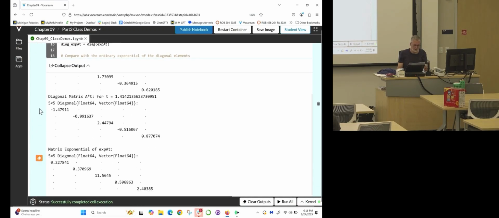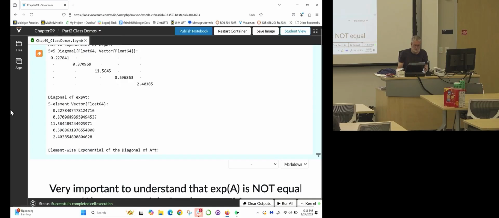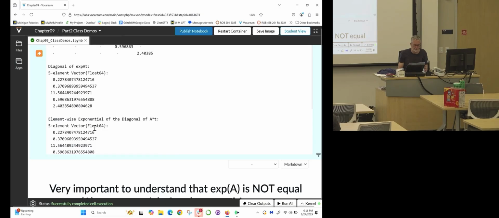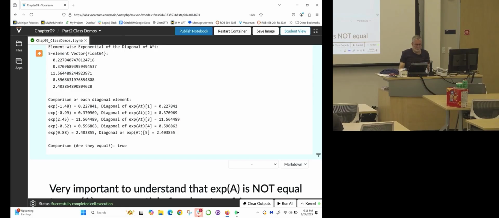There's A times t. We applied Julia's matrix exponential function to this, and there are the exponentials of the individual entries. I just extracted the diagonals, and those are the same as if I had computed the exponential of the diagonal entries. It's the same thing. E to a diagonal matrix is a diagonal matrix of e to the entries. That's all this says here.